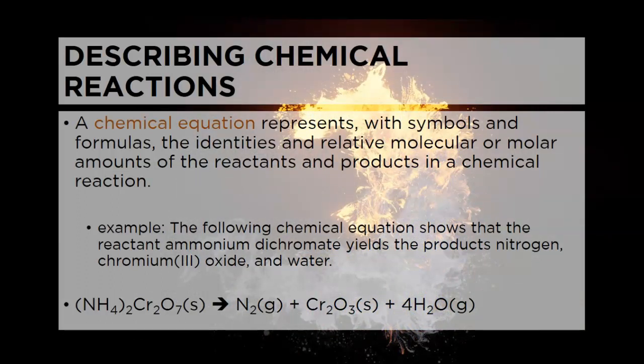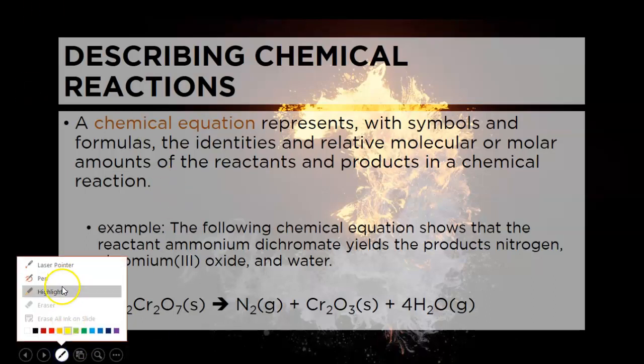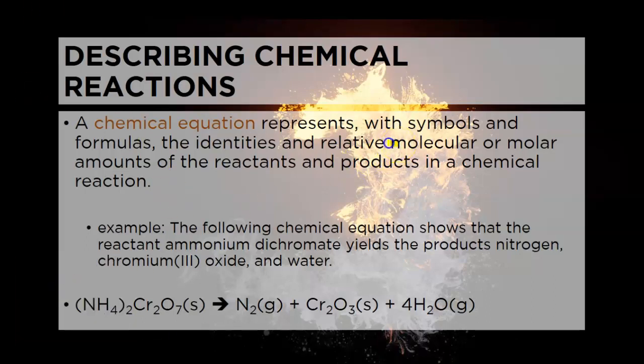So a chemical equation does represent, with symbols and formulas, both the identities and how much of a reactant or product that I have. What's nice about chemical equations is they tell us 2 things. They give us not only the molecular values, but also the molar values.